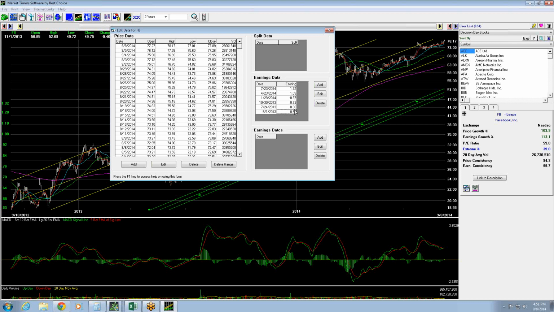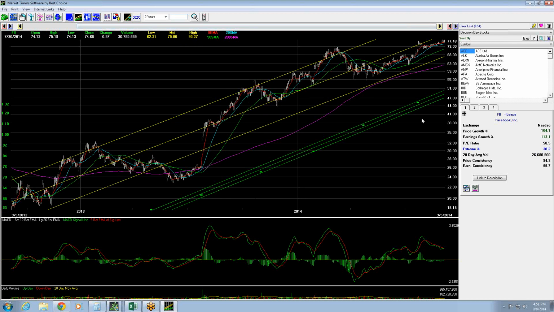I mean, they're pulling the data. It's the data source that's not always accurate. It has nothing to do with the programming. It's just where they pull the source from. So I've gone in and manually looked on Thinkorswim and just manually put in the exact dates in this. So this chart you're looking at is extremely accurate. When you look at price consistency and earnings consistency, these numbers reflect extremely accurate growth and consistency on price and earnings.